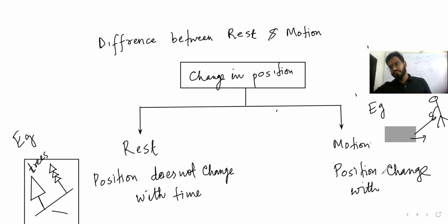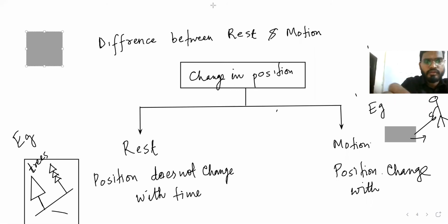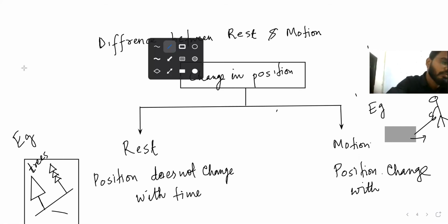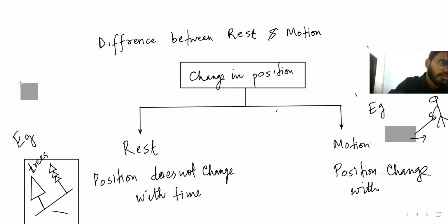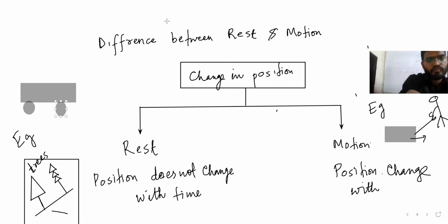Let's see another way to define motion. Suppose, as I gave initially, the train is moving at 50 kilometers per hour with some velocity, and one person is observing from outside.